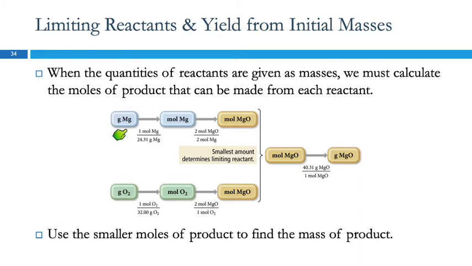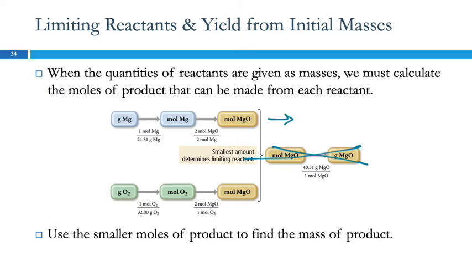So we've got a mass of an ingredient. We have to convert to moles. And then we can figure out the moles of the product that can be made. Right? And this is the way the book shows it. And this is a valid method. But I find it can be a little confusing. So it's not how I'm going to do it.